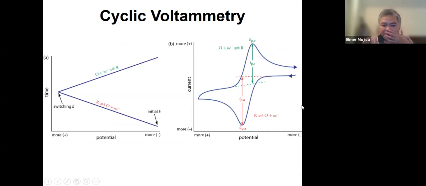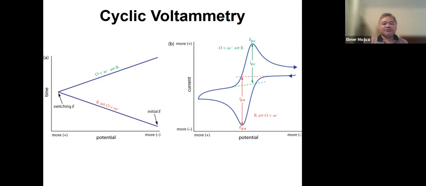So the way that it looks here, okay, pwedeng magsimula ka in the negative region and then you ramp the potential going to the positive, okay? And then once you reach the positive region, you ramp it again towards your starting point. So what we do while we're ramping it in the opposite direction is you're doing reduction and oxidation at the same time.